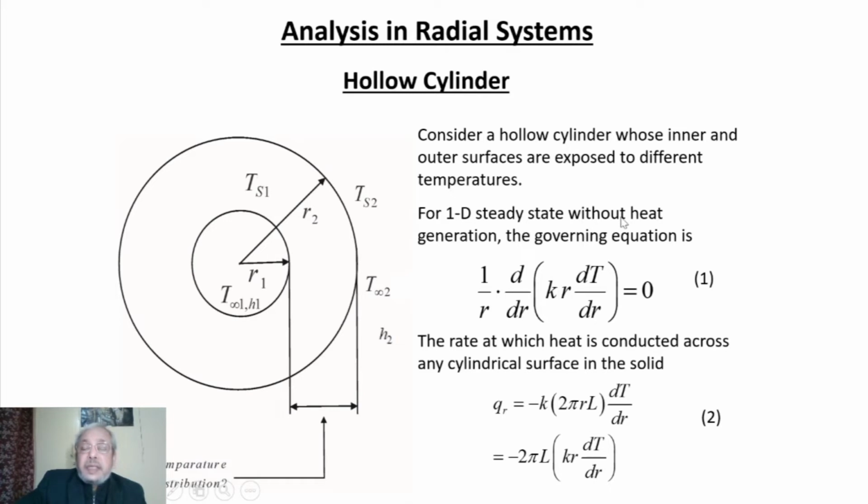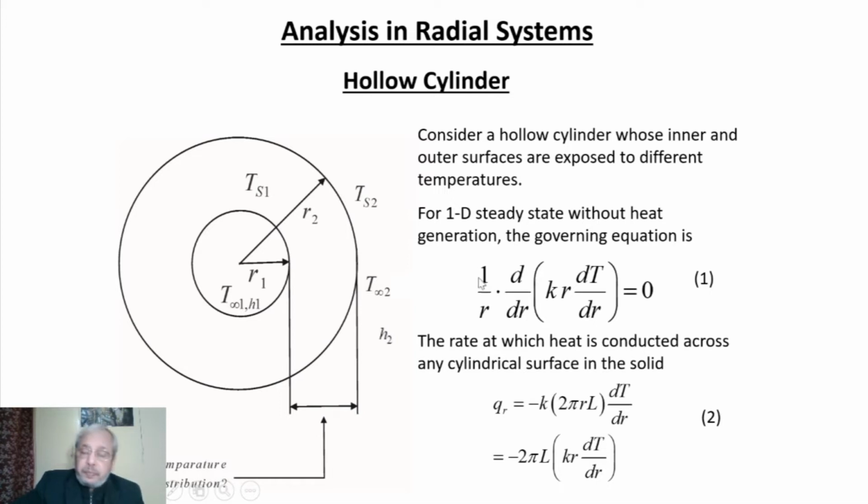And again, this is 1D steady state heat conduction without any heat generation. So the governing equation will be independent of theta, that is, basically the theta direction is the same, and independent of z, since perpendicular to the plane it is so large that any end effect can be neglected.